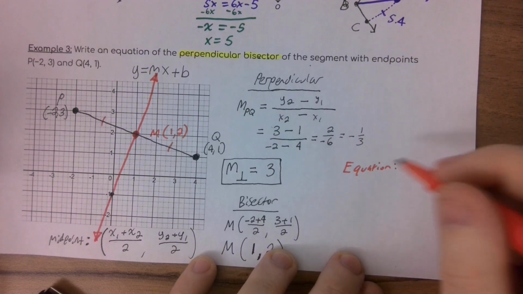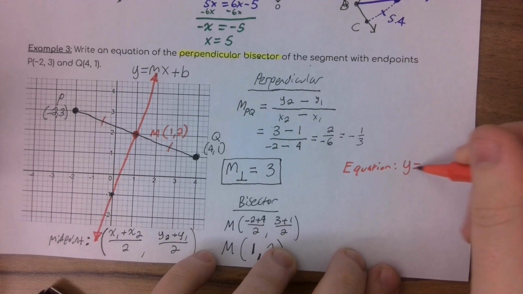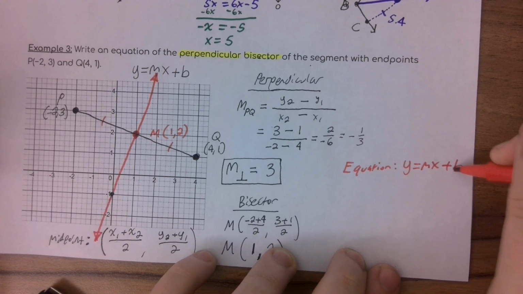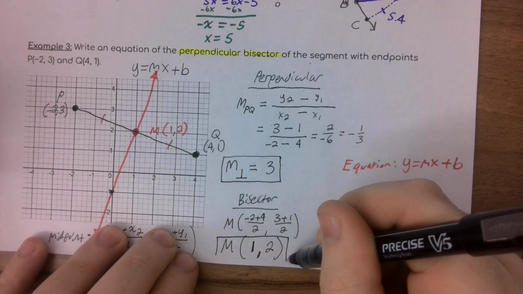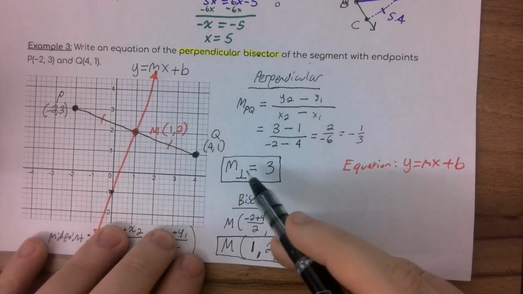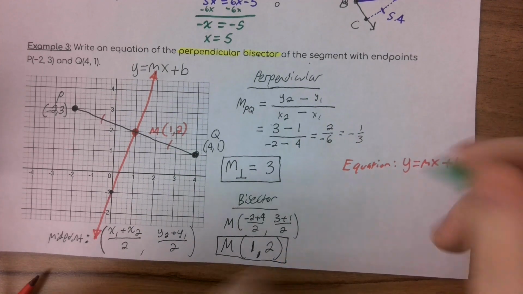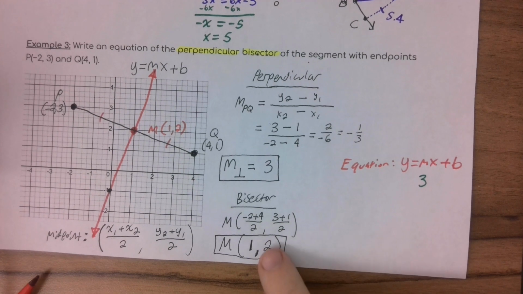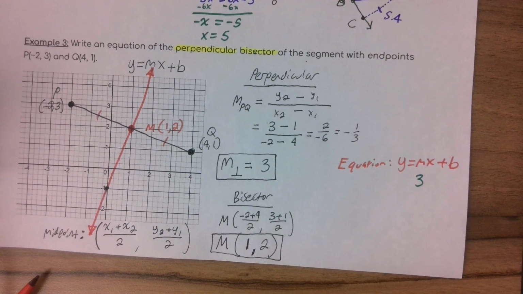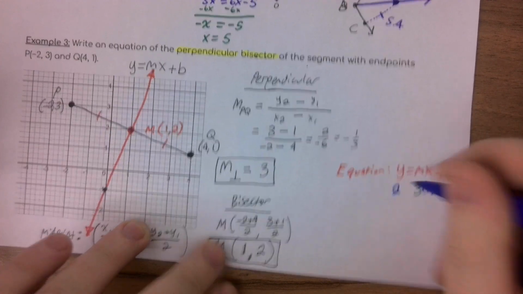So, to write the equation of this perpendicular bisector, we know it's going to be y equals mx plus b. But we know some information now. We know, for instance, that m is going to be 3, so we can fill that in right away. And we were also given a point that's on that line. 1 for the x and 2 for the y.